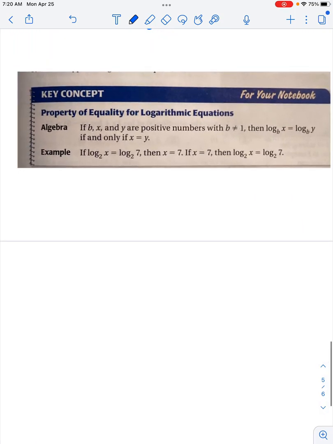Again, if I know my base to an x and I know that it equals log base 2 of 7, well then x is going to equal 7. So we'll do an example of that.